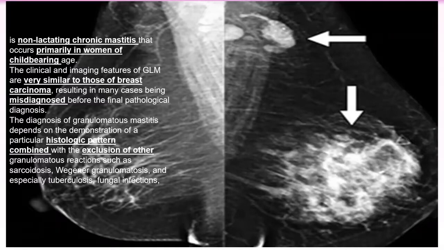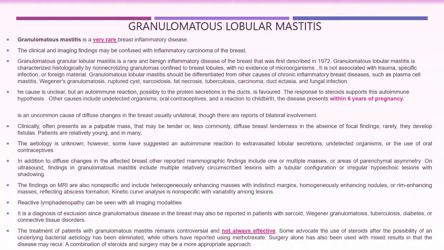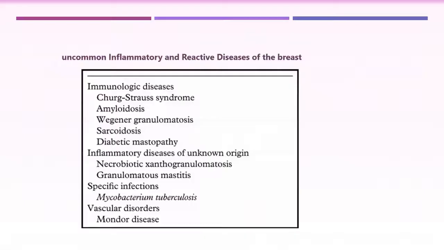The idiopathic diagnosis is by exclusion of other causes combined with the histologic pattern. We have to exclude reaction to sarcoidosis, Wegener's granulomatosis or polyangiitis, and especially tuberculosis or fungal infections. You can read about it here and take most of the information related to granulomatous mastitis.